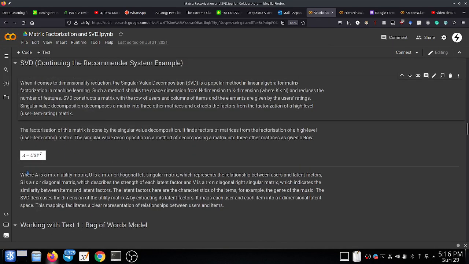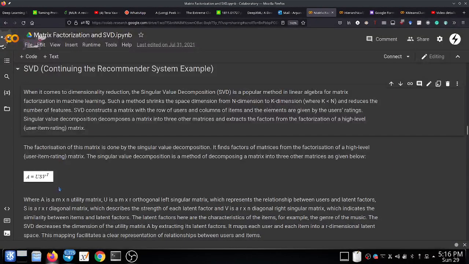Basically, the core idea is that we can divide a matrix A into three matrices U, S, and V transpose, where U is an orthogonal matrix, and V also is an orthogonal matrix in its rows, but transposing it gives it to columns, and S is a diagonal matrix.